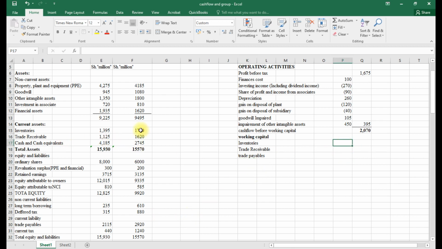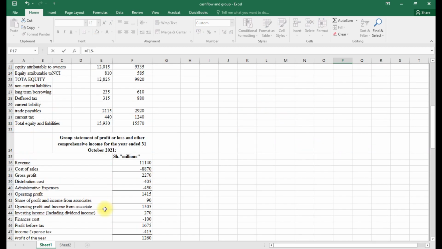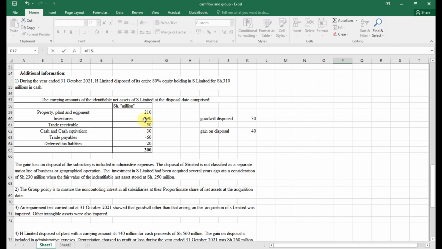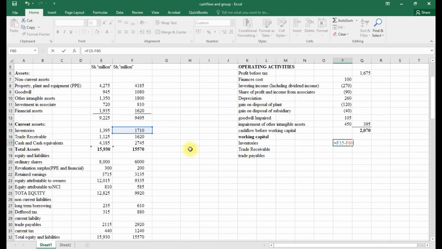When you look at our inventory, it started with 1710 and it was a decrease. We minus what we sold in note 1, sold inventories of 90, we minus the value at the end of 1395, so it decreased by 225.